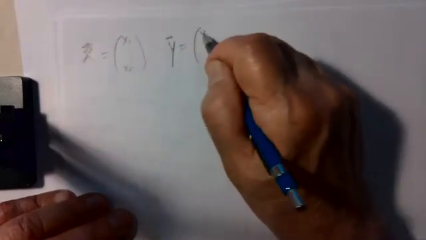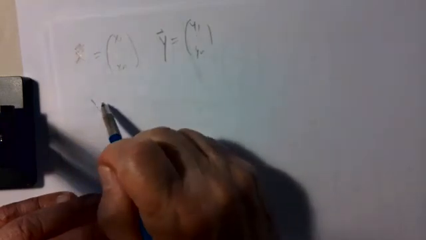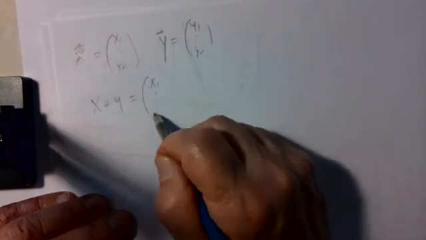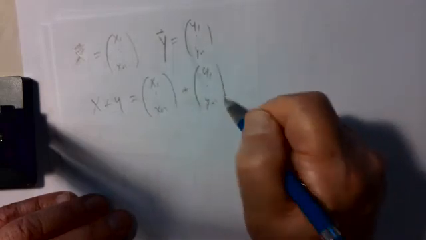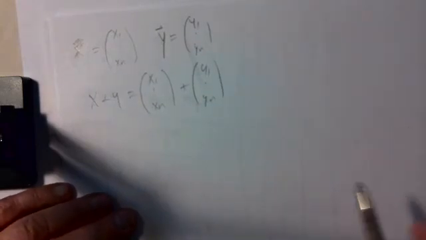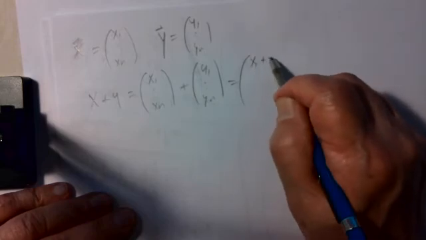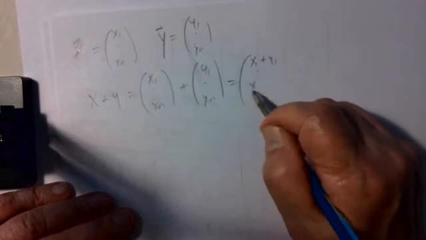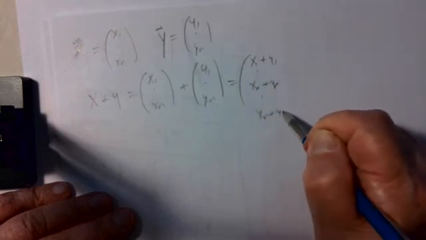And y is y1 down to yn. Then the sum of the vectors x plus y, that's x1 to xn plus y1 down to yn. You just add coordinate-wise, x1 plus y1. In general, for the ith coordinate, it's xi plus yi, all the way down to xn plus yn.